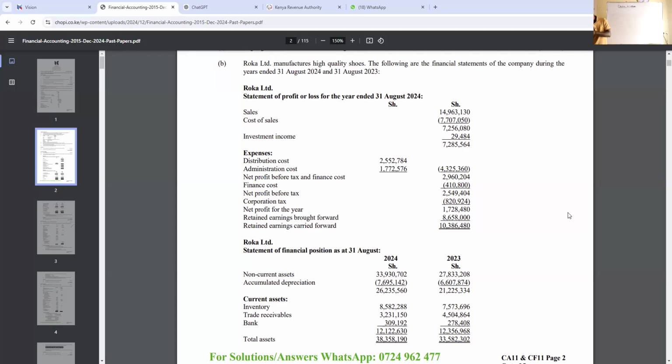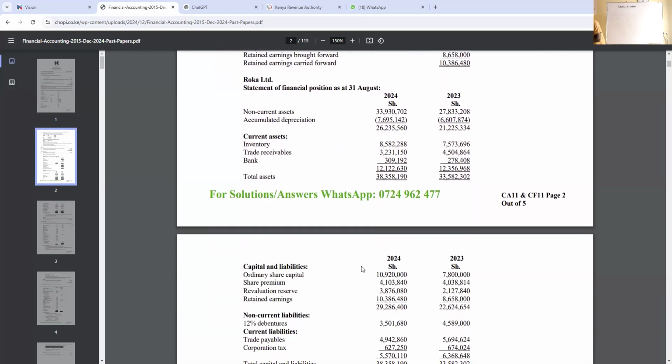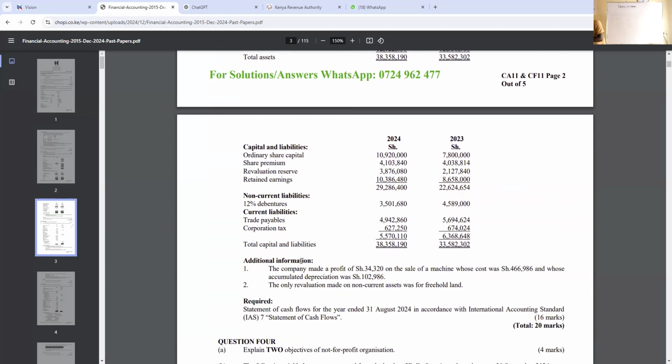And the requirement. Before even the requirement, additional information number one: we have been told the company made a profit of 34,320 on the sale of a machine whose cost was 466,986 and whose accumulated depreciation was 102,986.